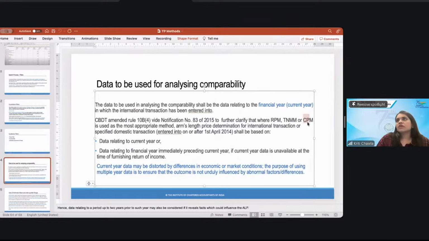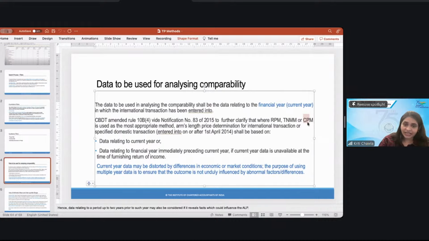You know, there could be a company which has maybe earned losses in 1 year, but otherwise, across multiple other years, it was not making losses. So if you reject that company for the loss that it made in that particular year, this might make you move away from a company which is very, very comparable, just because it's made losses.